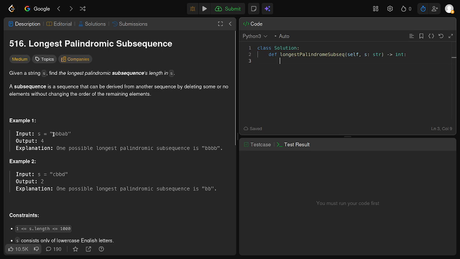Let's say, if we have a longest palindromic subsequence, basically you want to add 2 characters.